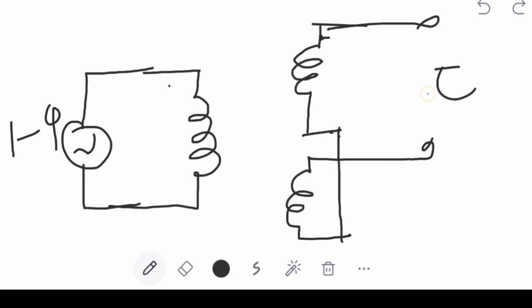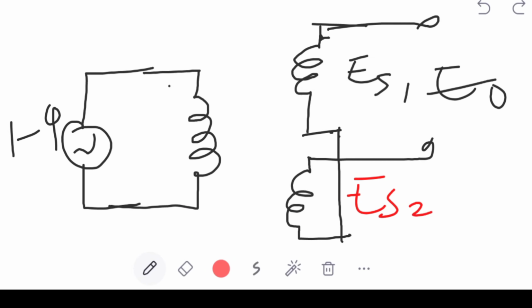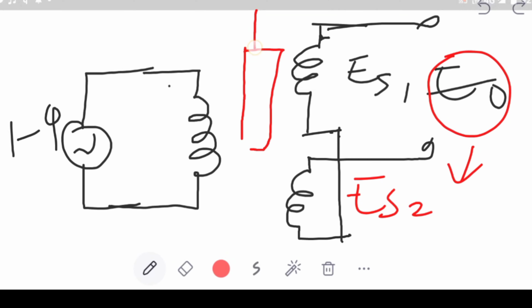The output voltage is ES1 minus ES2, or ES2 minus ES1. Based on the core movement, the nickel coated annealed core is moved through the arm.